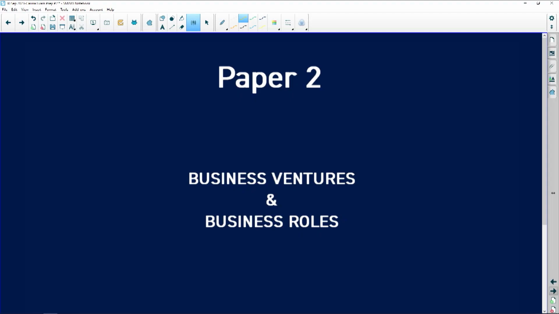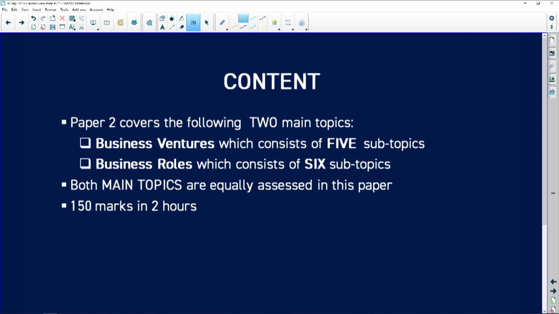Let's dive into paper 2. Paper 2 in business studies is divided into two main topics, business ventures and business roles, which each have a couple of chapters underneath them. So, the content.